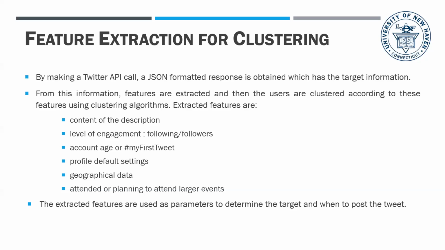These features are the key to determining the target and when to post the tweet. The active hours of the user are also considered because they determine whether they are looking at the tweet or not.